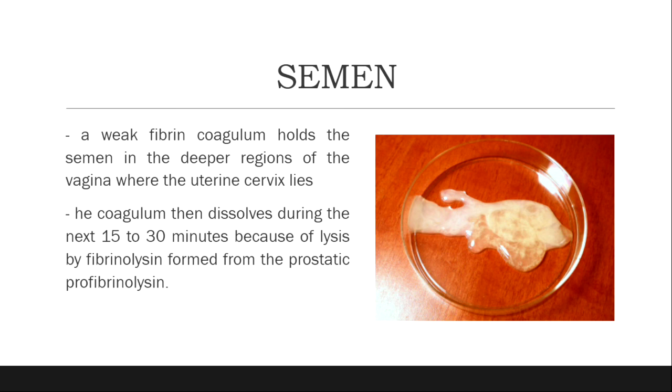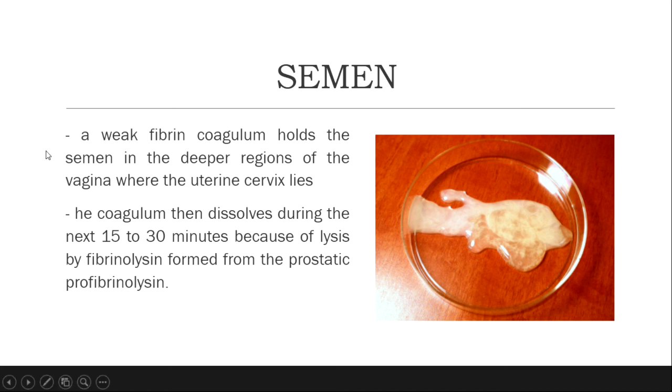so also sa semen kasi may tinatawag tayong coagulum, or a weak fibrin coagulum holds the semen in the deeper regions of the vagina where the uterine cervix lies. So the coagulum then dissolves during the next 15 to 30 minutes because of the lysis of fibrinolysin formed from the prostatic profibrinolysin.